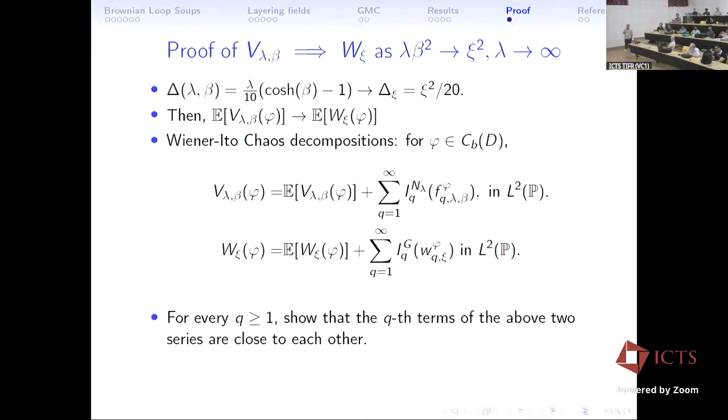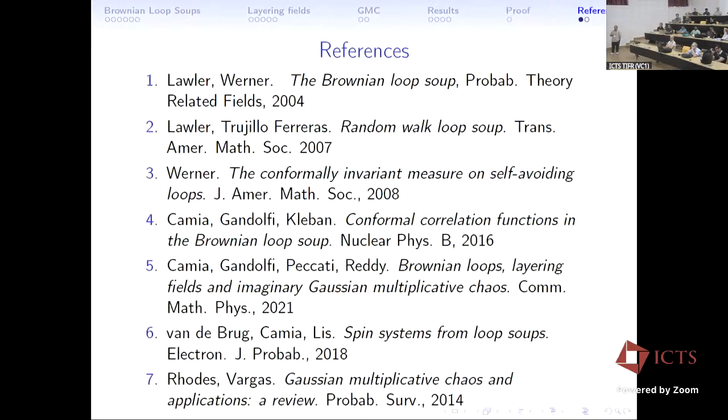Then the task is to show that each term of the first series is close to the corresponding term of the second series. This somehow proves that v lambda beta of phi converges in law to w psi of phi, and then I can use the Cramer-Wold device to prove my result. So that's it. These are some references that I mentioned.